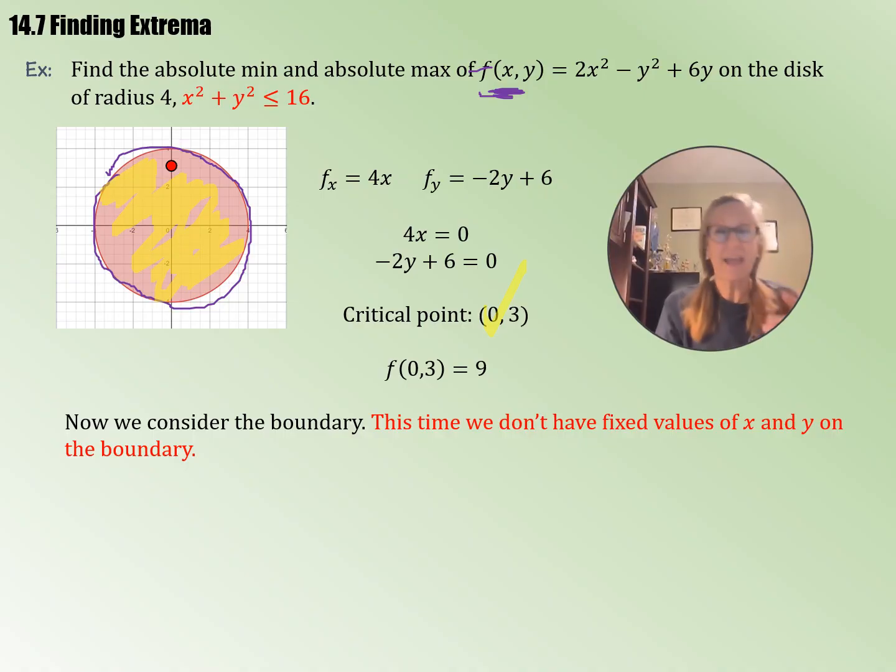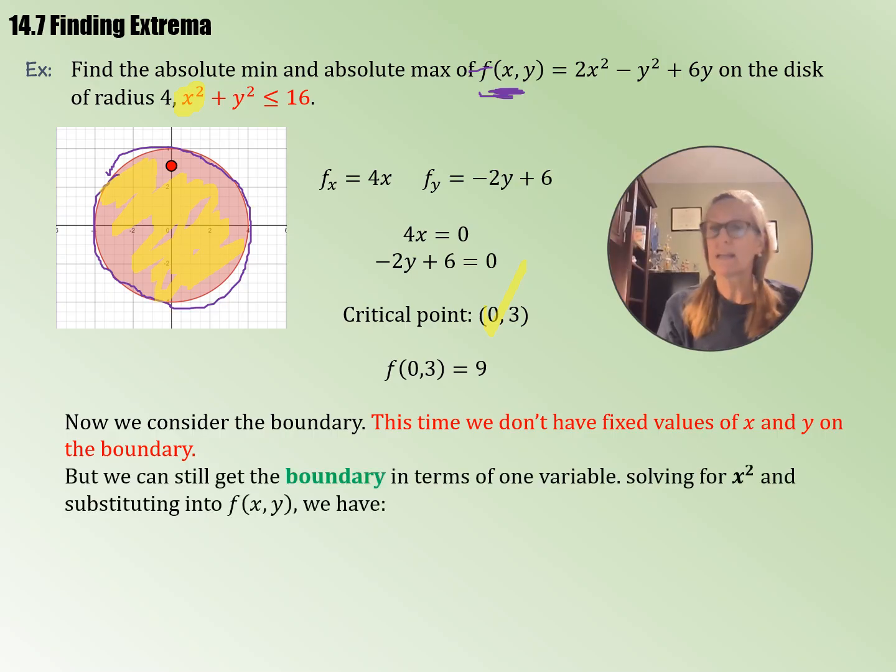Well, if we can't do a constant, maybe we can just isolate x squared, right? And then at least we only have one variable. So I got the boundary in terms of one variable, solving for x squared, and then substituting that into my z equation, or my height.